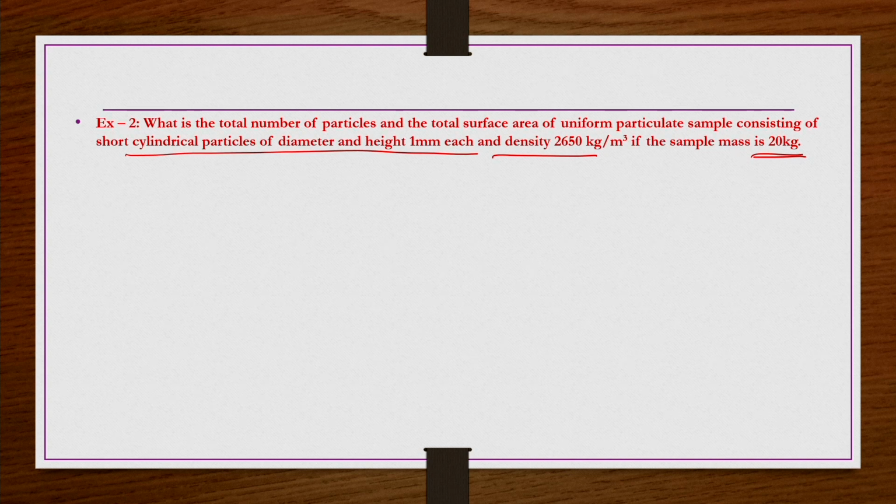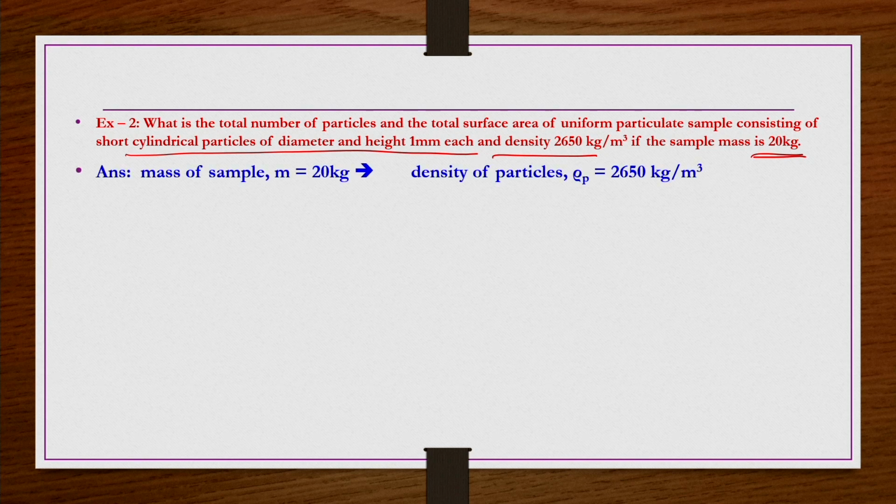The only thing that we are changing is the sample: now we are using short cylinders of 1 mm diameter and 1 mm height. If L is equal to D, then we can call those cylinders short cylinders. Then the mass and density of the sample are given. So, the total volume of the sample would be m by rho p. So, then you get this number.